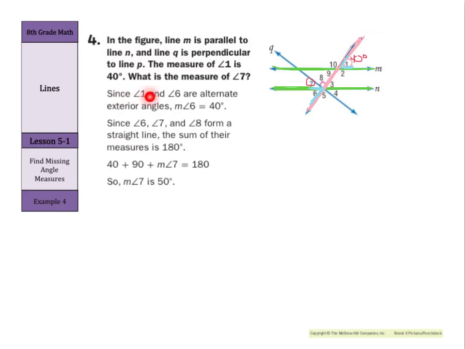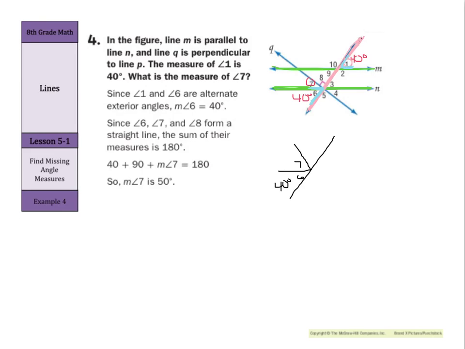So 1 and 6 are alternate exterior angles, so the measure of angle 6 is also then 40 degrees. Now, if we pull this out, 6, 7, 8, good thing it's not 7, 8, 9. The joke, 7, 8, 9. Anyways, sorry. The measure of angle 6 is 40 degrees.